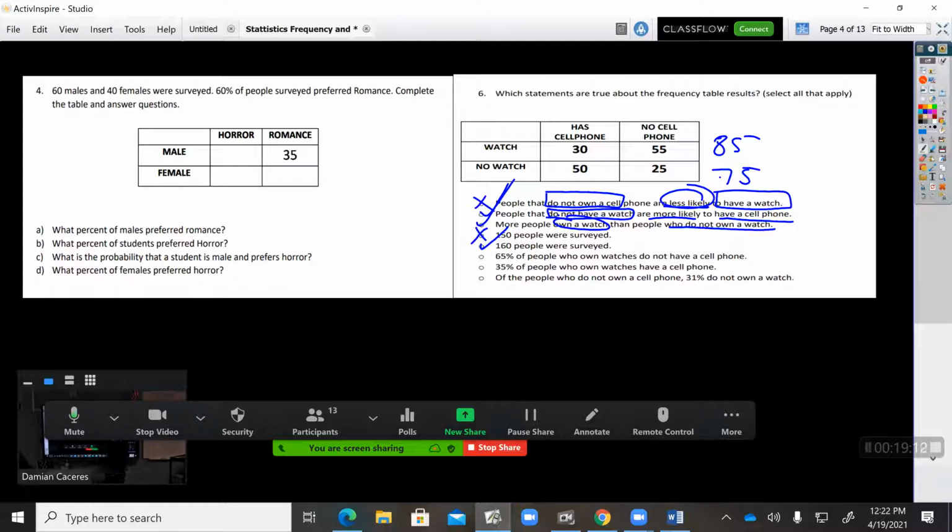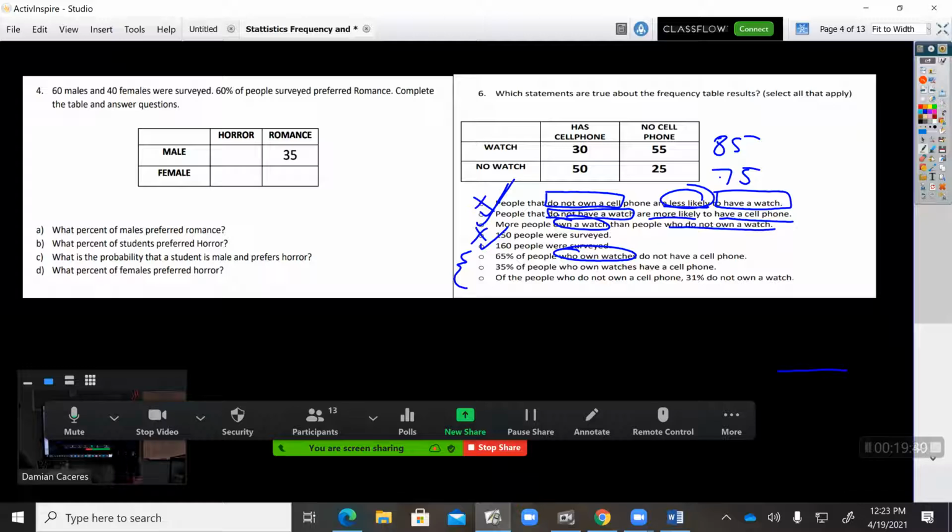Now, this part here is super important, so make sure you pay attention, okay? Over here, it says 65%. I want you to ignore that 65% for now and do the same thing we did on the previous problem. Create your fraction, divide, and get a result. So 65% of people who own watches. What's my total going to be?